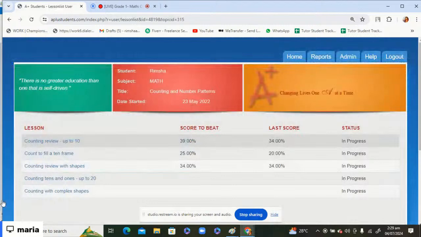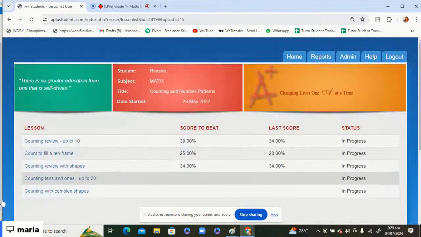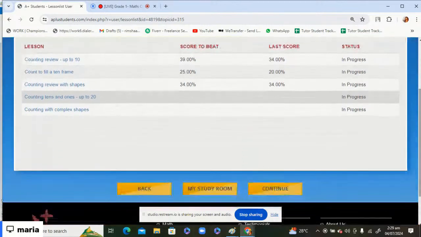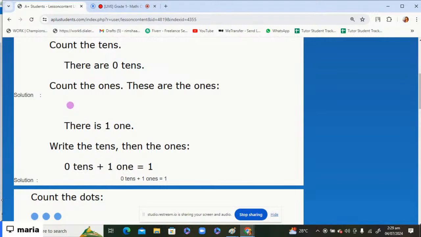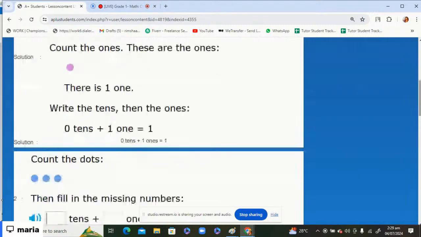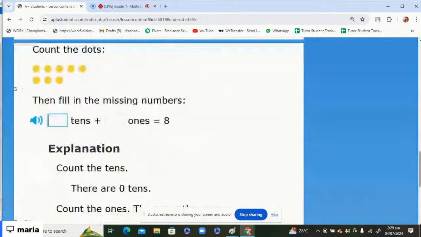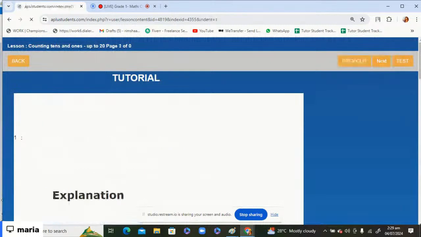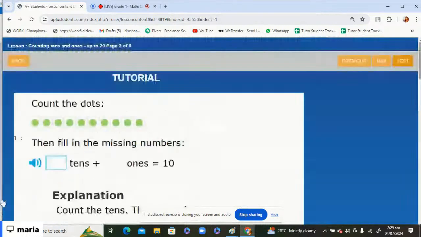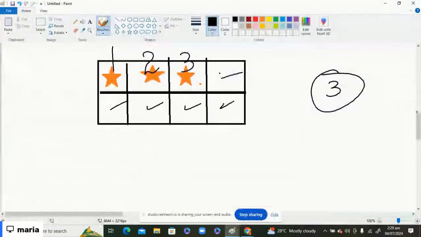So now let's solve counting tens and ones up to 20. So you guys check it out here. Remember one thing.